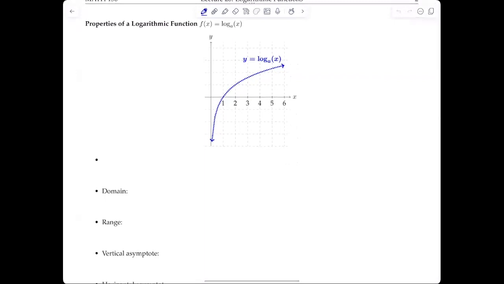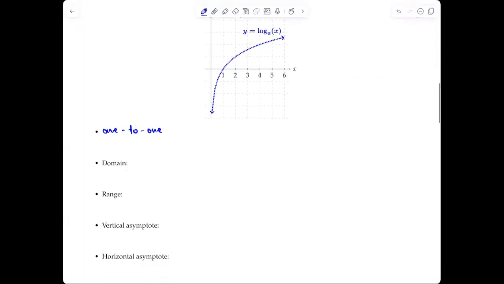But first, I want to mention that the logarithmic function is a one-to-one function. Therefore, you can find the inverse functions. Now the domain is x greater than 0.